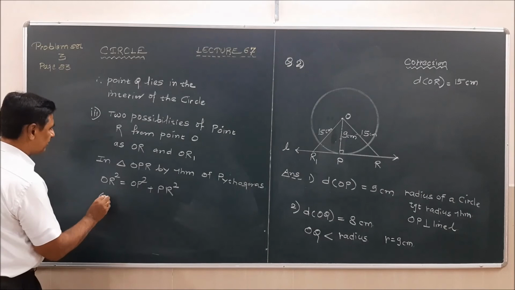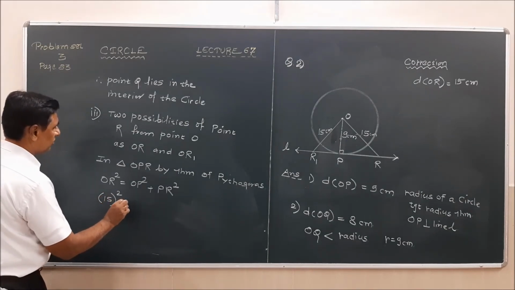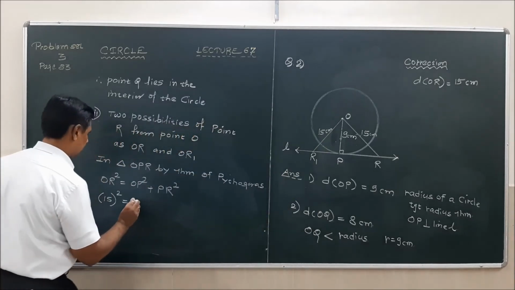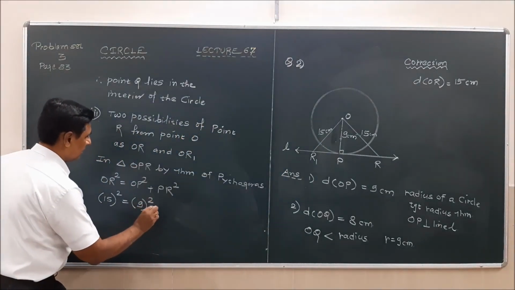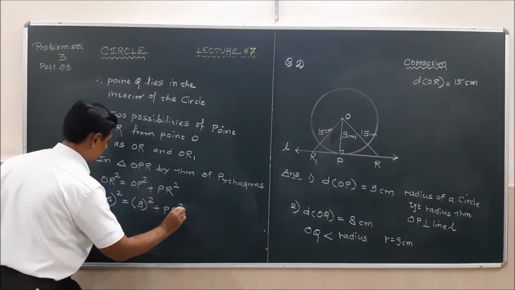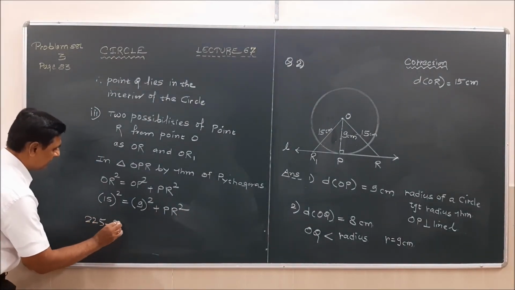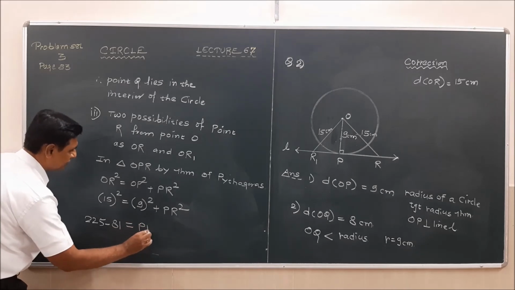So OR is 15 square, that is equal to OP is 9 square plus PR square. So 225 minus 81 is equal to PR square.